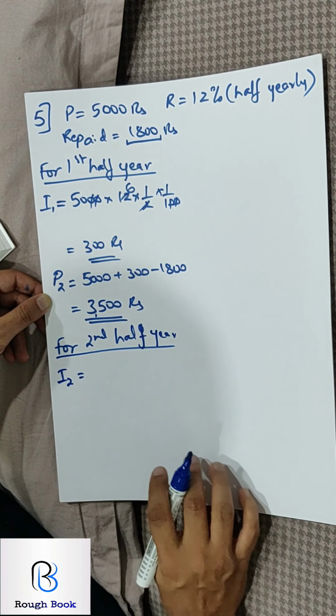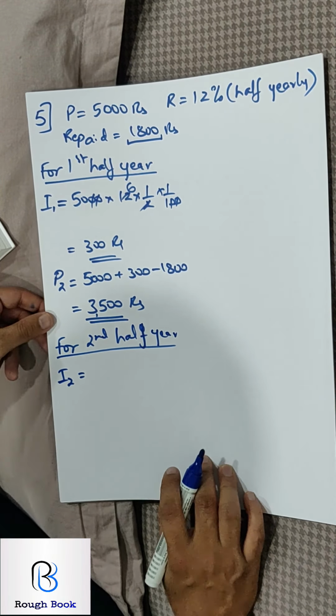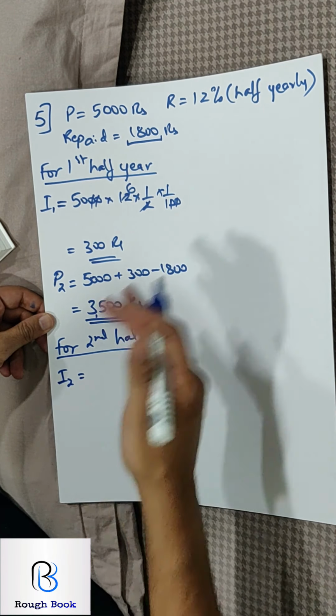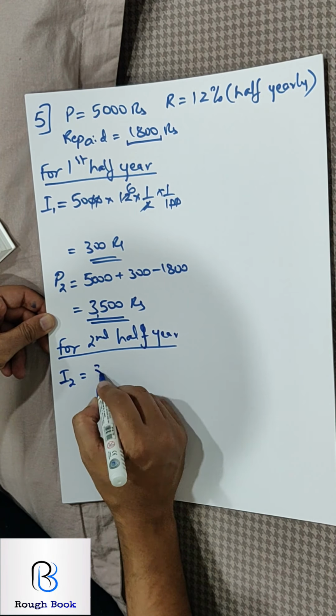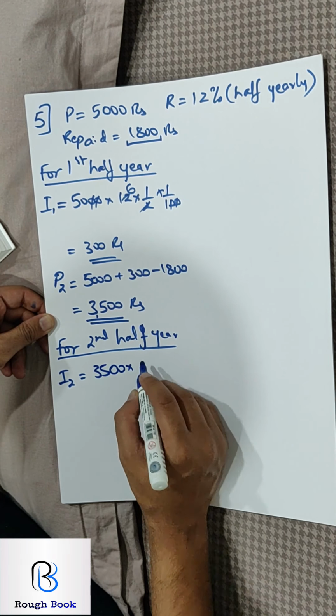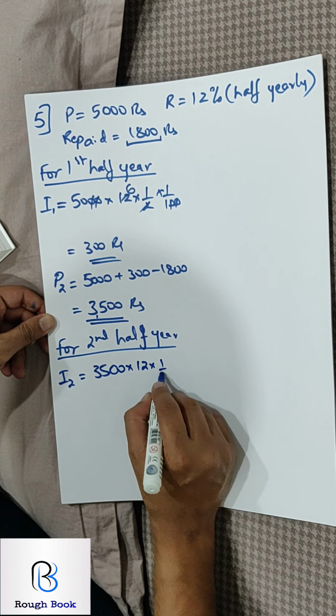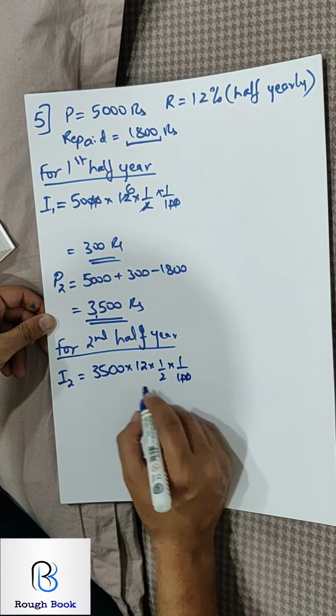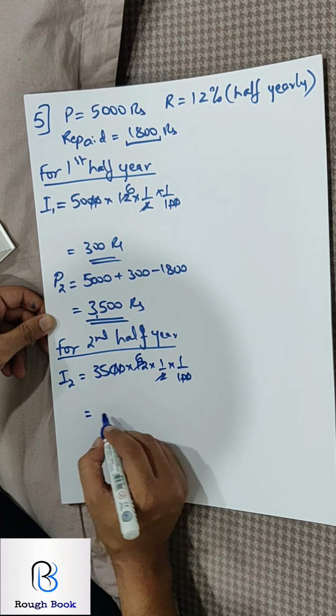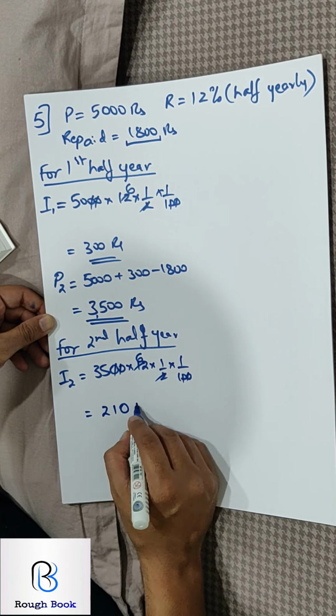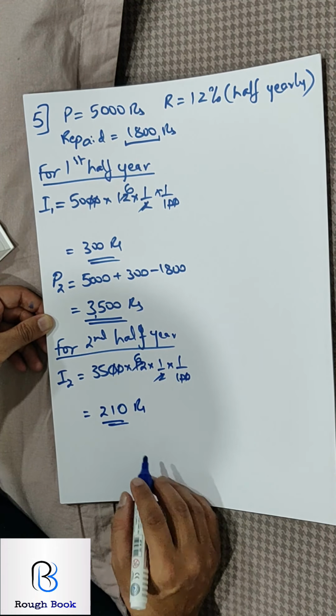I2. Come on, now go ahead. You know now the method how to go about. Get the P3, that is the principal for the third half year. So that's going to be 3,500 into 12% again, but half year. Don't forget the half year, otherwise you will mess up. So do you get 210? Super.